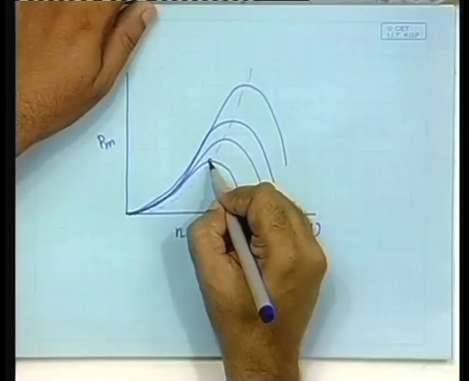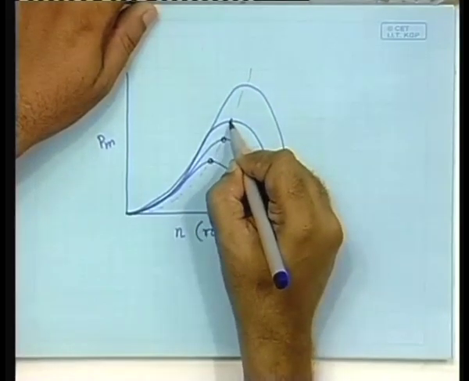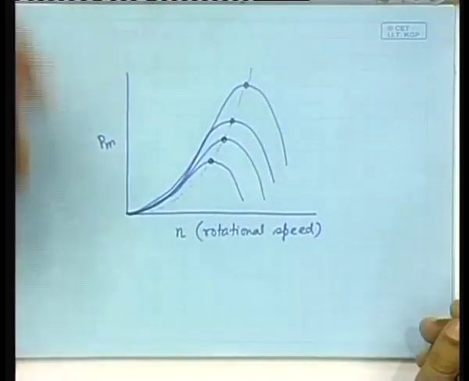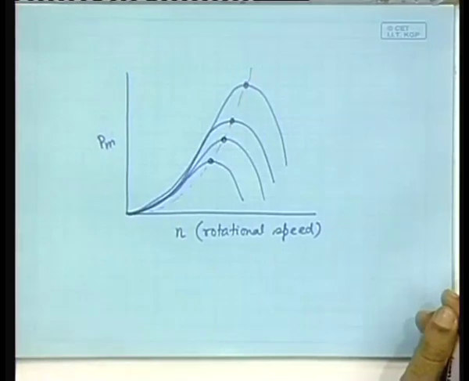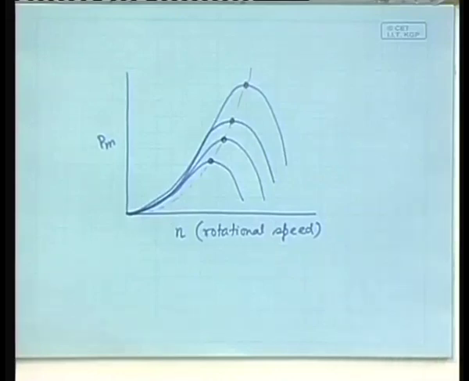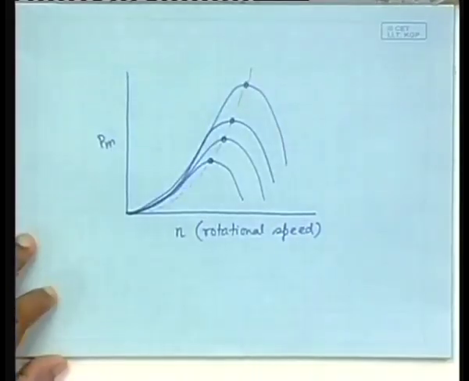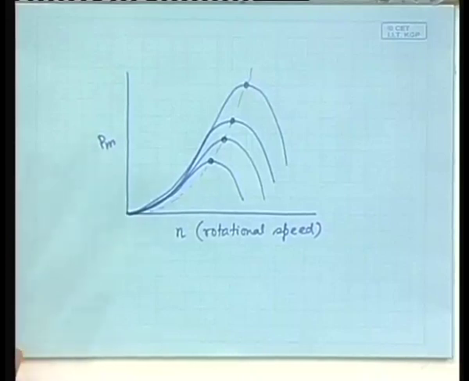So that the peak powers should follow the cubic characteristics. And because the maximum power depends on omega cube, the speed of rotation, people try to reach as high a speed of rotation as possible.